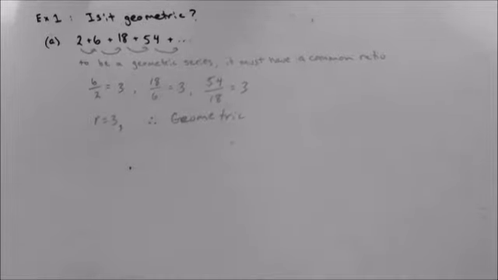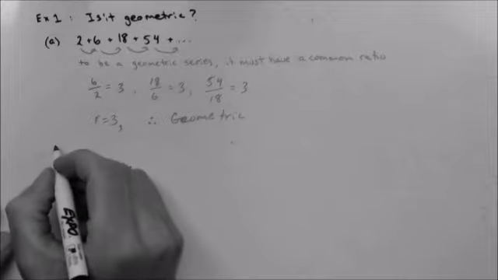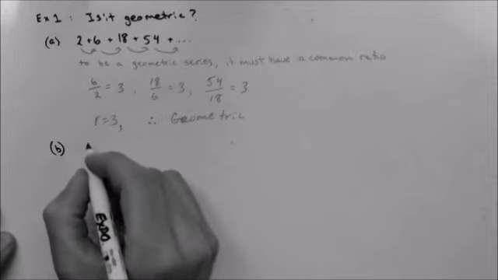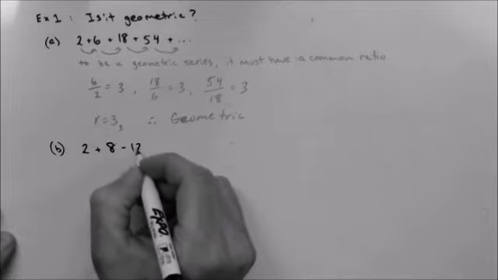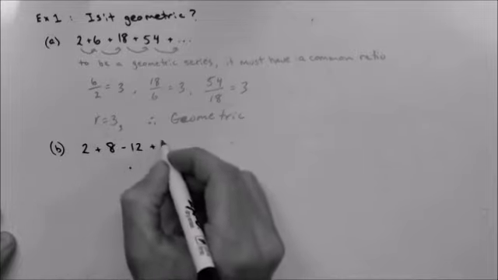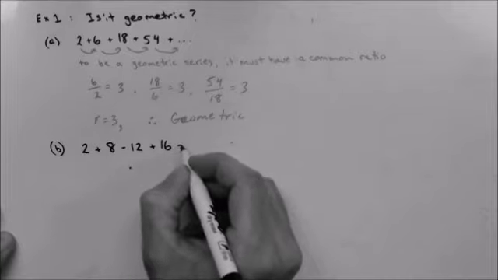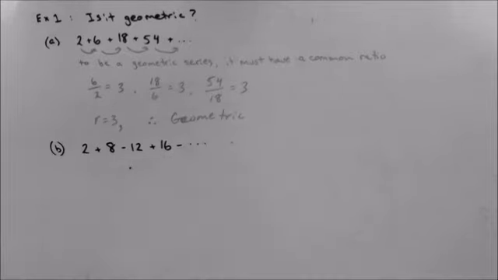In B, we have the series 2 plus 8 minus 12 plus 16 minus ... So what are we going to check for? We're going to check for a common ratio.